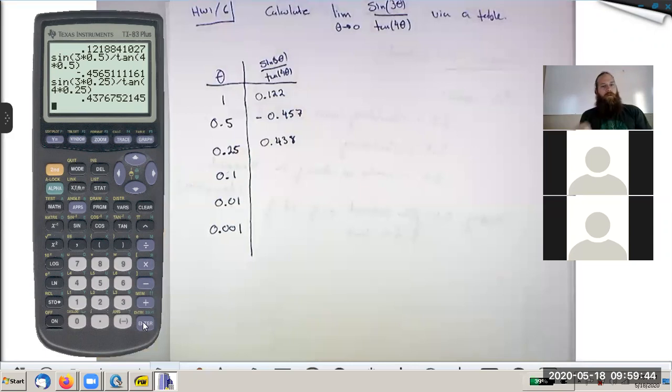And we're going to fill out this table and then see if we can guess at what these numbers are getting closer and closer to. So my next guy would be sine of 3 times 0.1 divided by the tangent of 4 times 0.1. It's like 0.699.